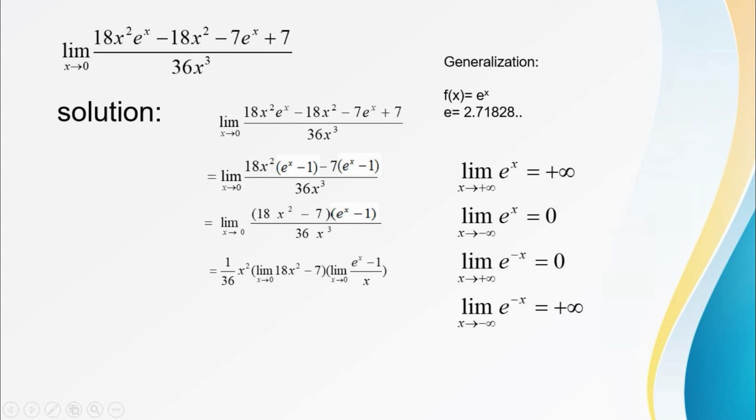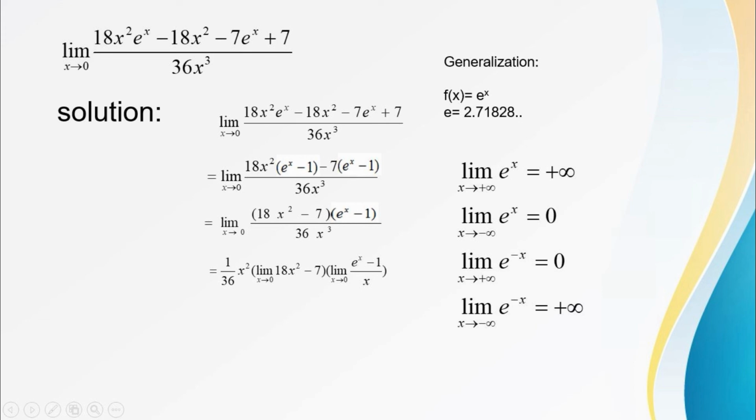Now, we have 1 over 36x squared times the limit of 18x squared minus 7 times the limit of e to the power of x minus 1 all over x.